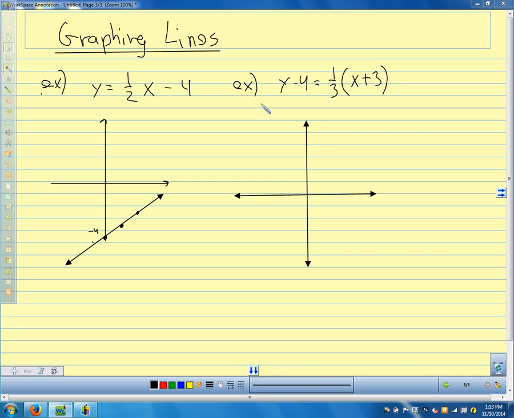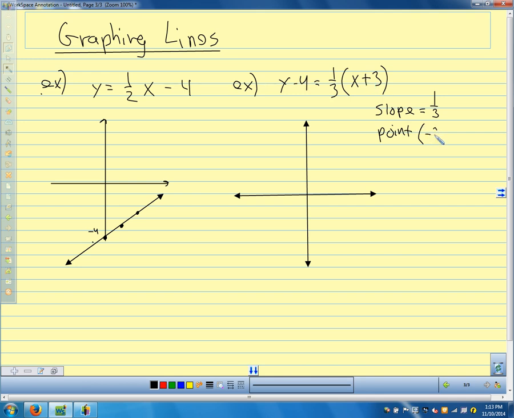This is our point-slope form. So first off, what's our slope? 1/3. And this one goes through the point. And remember, we changed the signs between here and here.